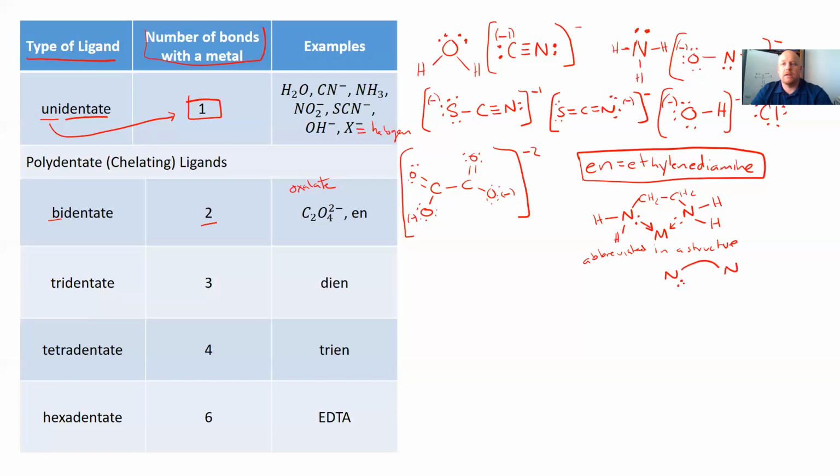It's done that way because it's easier to see the structure without having to draw all of the peripheral hydrogens or the carbon chain linker between the two nitrogens. You'll often see nitrogens that are connected via just a little curved line. That's saying that's the ethylene link in the middle. That's your ethylene.